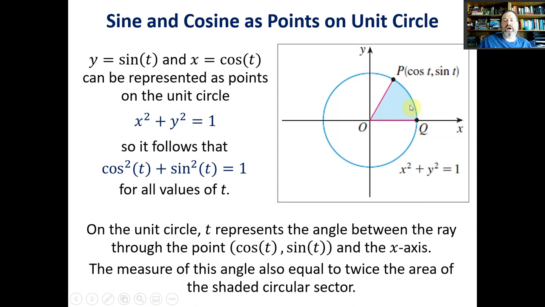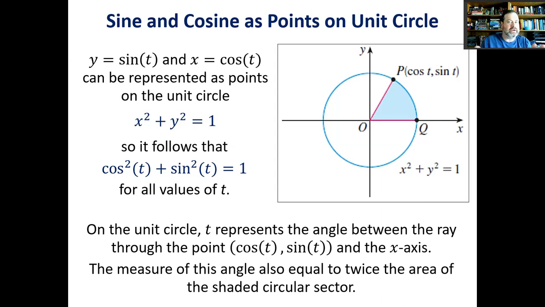Again, the angle is double the area. If you think about the unit circle, its area is pi, because it's pi r squared with a radius of 1, and the angle is 2 pi. So it's based on that. When the angle is 0, the area is 0. And it's linear: as you add more angle, you put on a proportional amount of area.